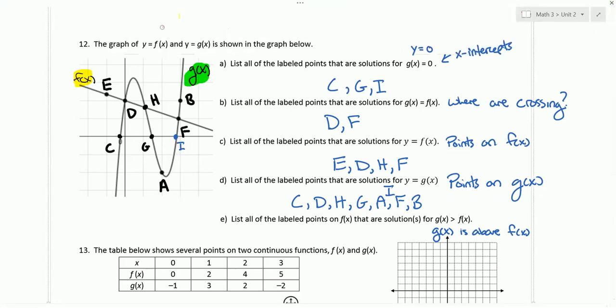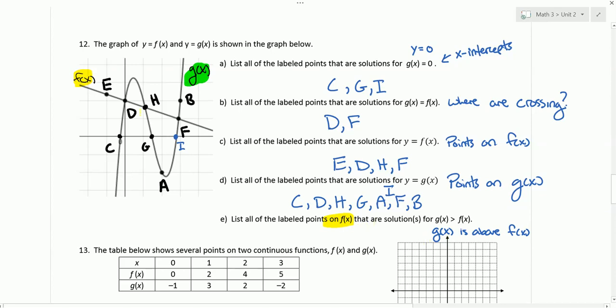And which function should I highlight? It says list all the points on f of x, so I can only highlight f of x. So where on what part of f of x is g of x above f of x?